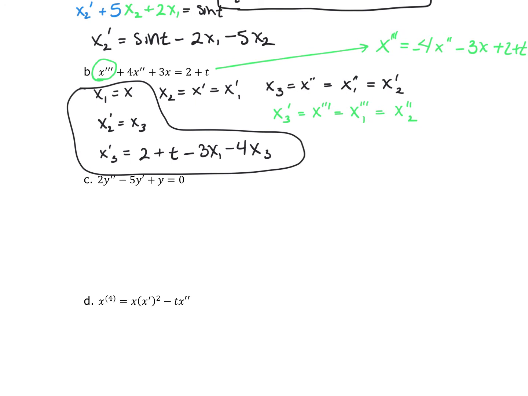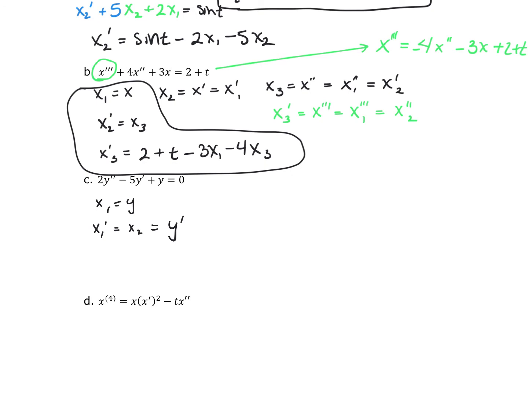See, I know it's homogeneous right out of the gate. I don't have to do anything hard with that. Homogeneous. All right. x sub 1 would be y. That means x sub 1 prime would be x sub 2, which is equal to y prime.